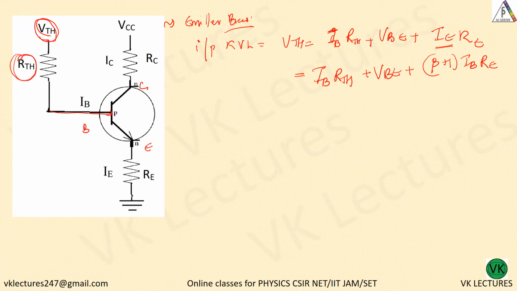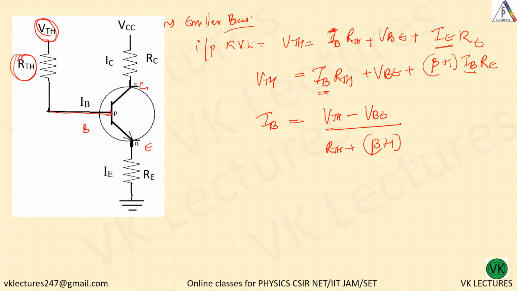Now from here we can find out IB. So what is IB equal to? IB equal to VTH minus VBE divided by RTH plus beta plus 1 into RE.